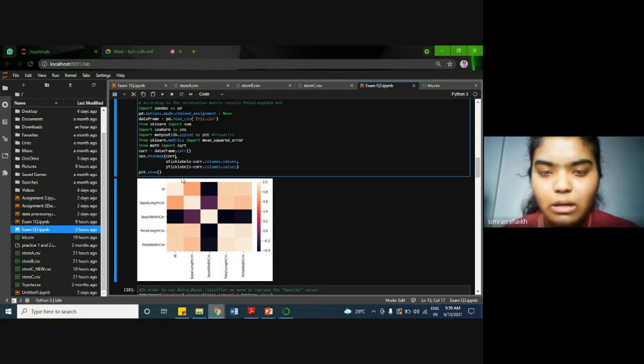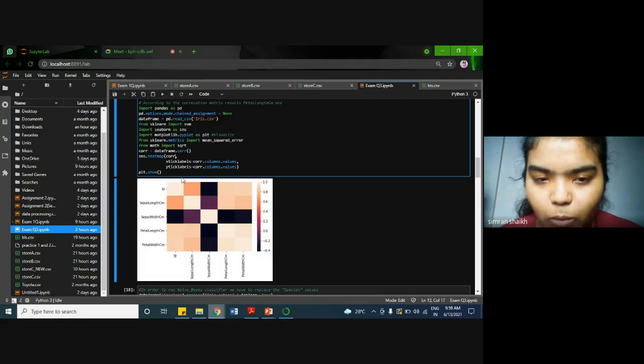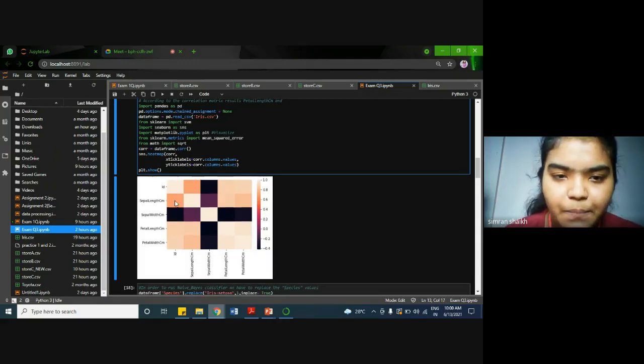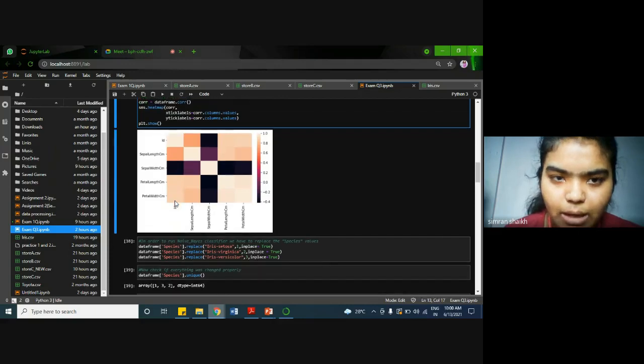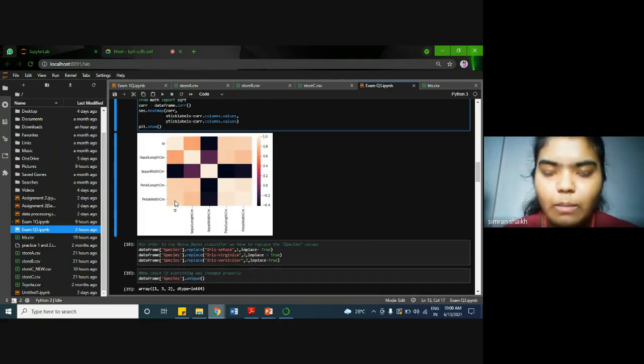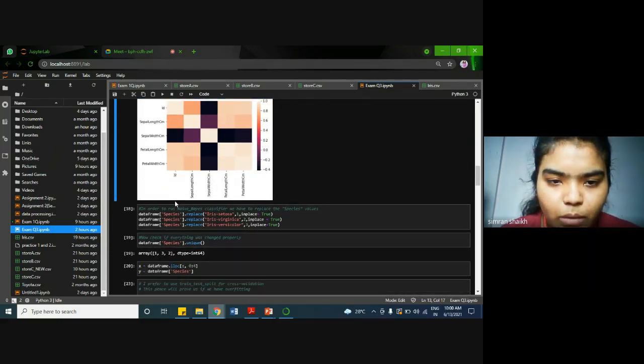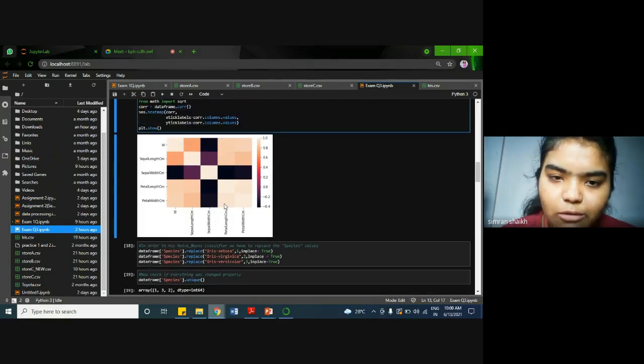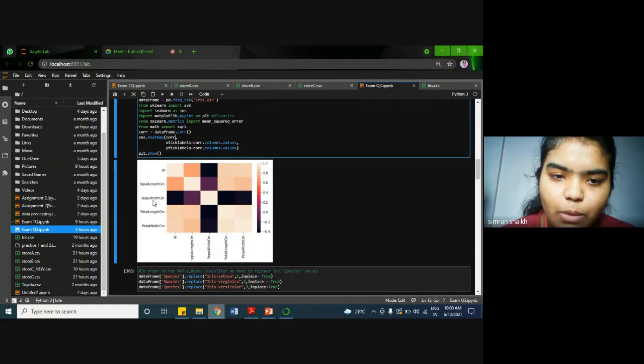The darker the color, the higher the value. It is really simple for understanding complex data, or when you're comparing multiple data. This is how the correlation variable works, like with sepal width and sepal width. So this is the higher relationship between the variables.